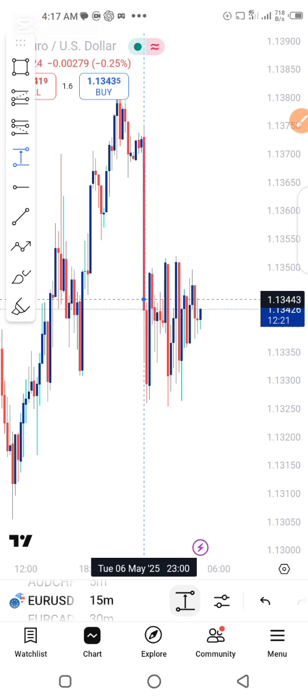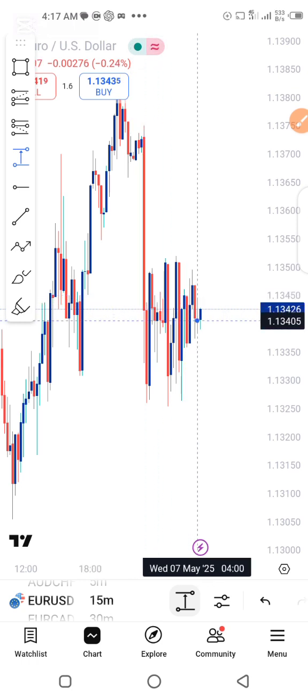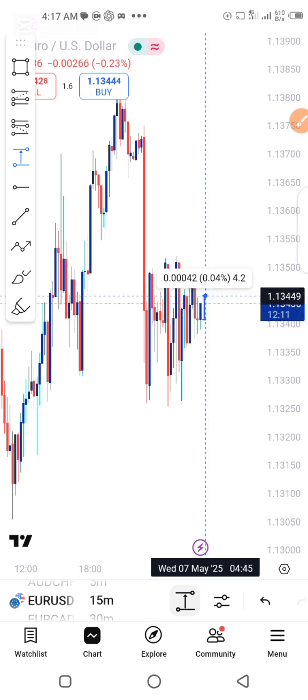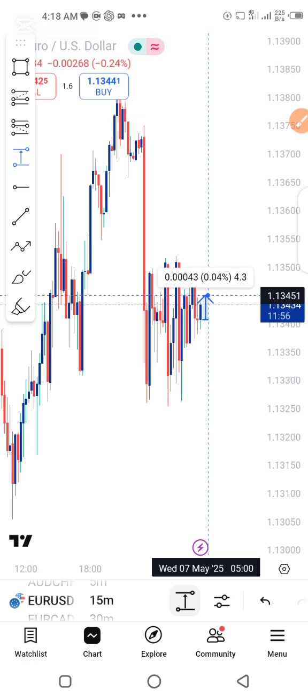Then I'll just drag it from where that started to that 150. Okay, so this is the 150. Let's just leave it at that 151.